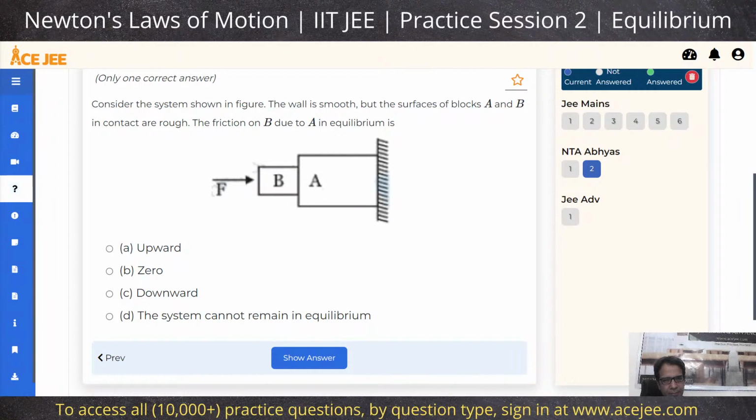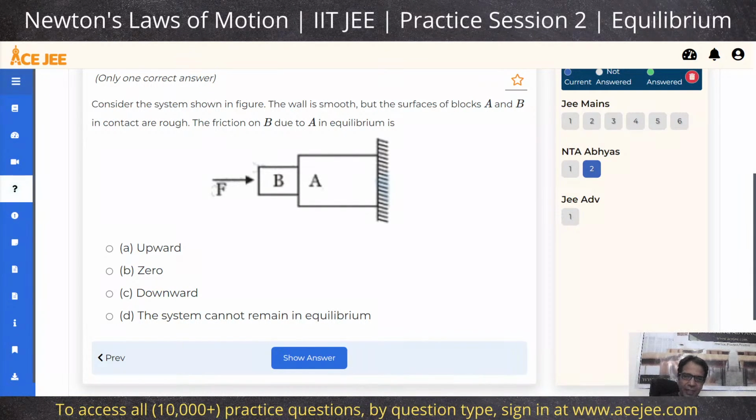No, sir. Why will that be better? Sir, because the surfaces are rough. Sir, but when they're falling, then it will be zero. Correct. And they have to fall because they cannot remain in equilibrium.